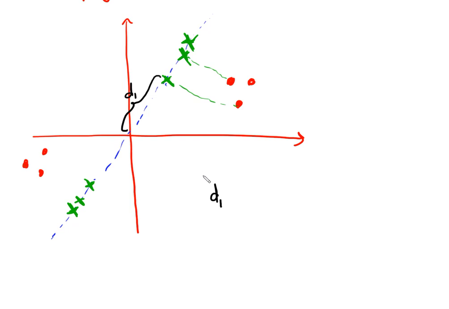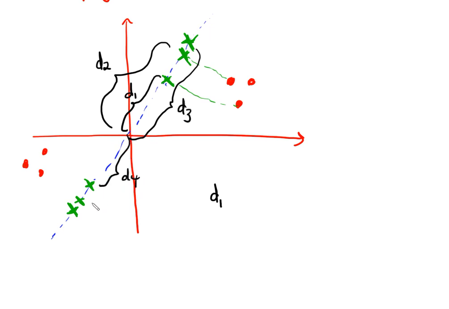For the second point, this is your distance, D2. And for the third point, this is your distance from the origin, D3. Same as this fourth point, it has its own D4, this one has D5, and this one has D6.